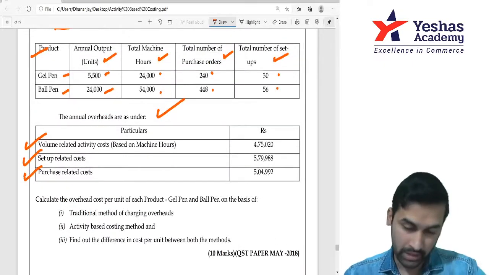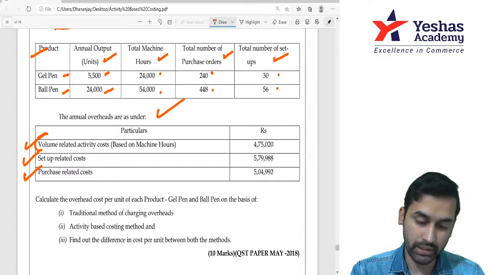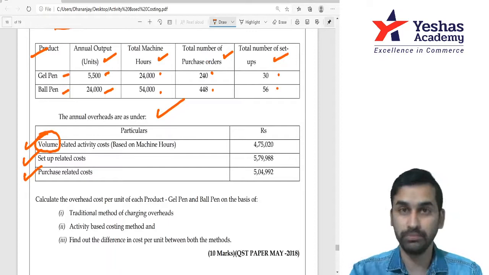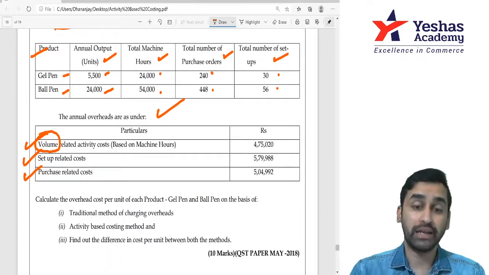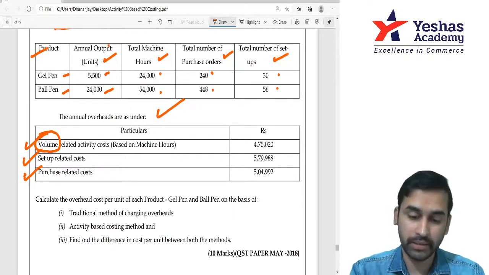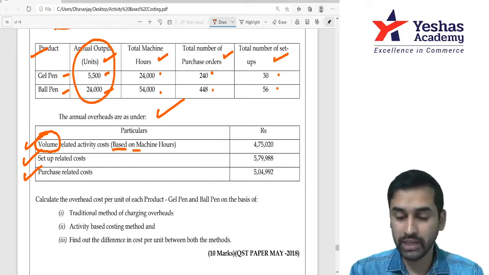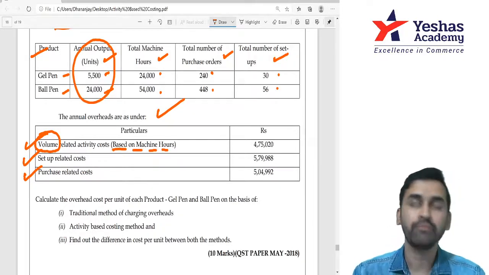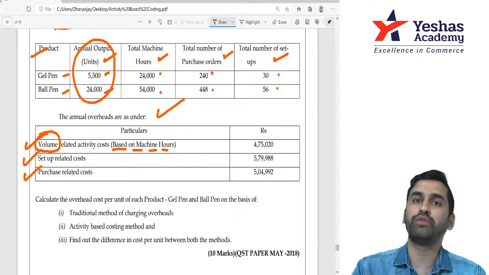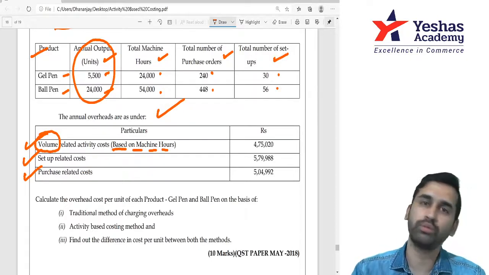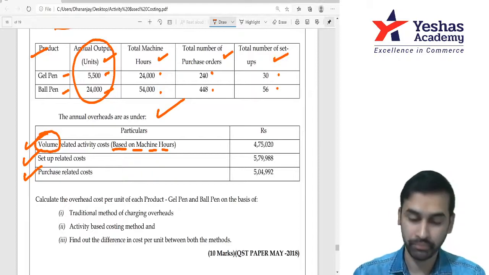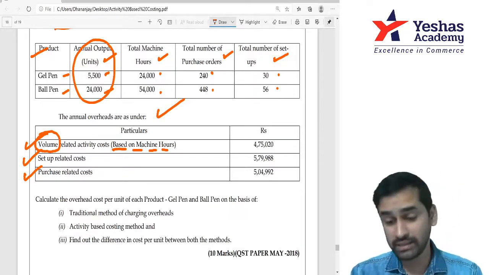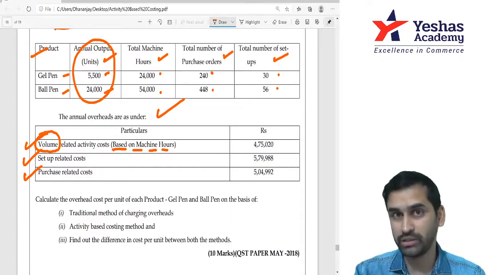Now, some students will get confused by this phrase volume related activity. The moment you see volume, we take quantity as the basis, correct? But they've given it based on machine hours. Why did they have to give this? Understand, when I have to produce more units, obviously machine hours will also be more. Though they use the word volume related activity, they are saying based on machine hours, not based on units.